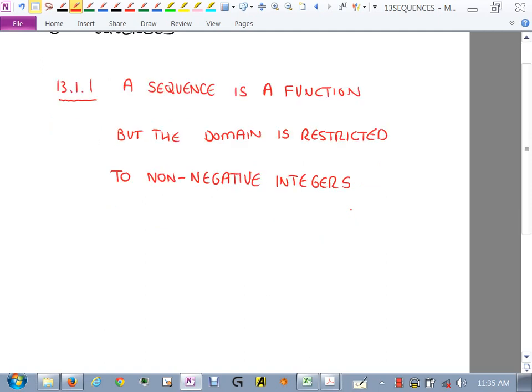Before I can even continue, I need to make sure you understand what a non-negative integer is.